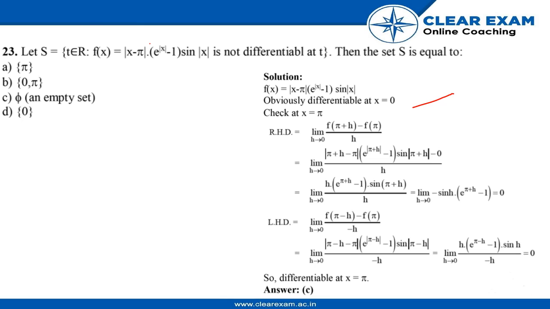On the last simplification, we will have limit h goes to 0 of h (e^{π − h} − 1) sin h upon −h, which is equal to 0. So here we open the mod, and it is differentiable at x = π. Therefore our answer will be π.